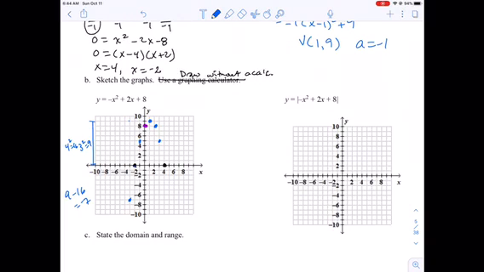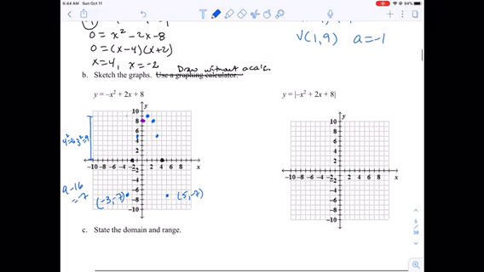So I know I've got this point here, and I've got a corresponding point over on the right-hand side of (5, -7). And this is (-3, -7). Now I could find this all out with my graphing calculator as well, so keep in mind that you're always going to have that on your test. You can find these points there. Okay, but there's our original function of y equals negative x squared plus 2x plus 8.